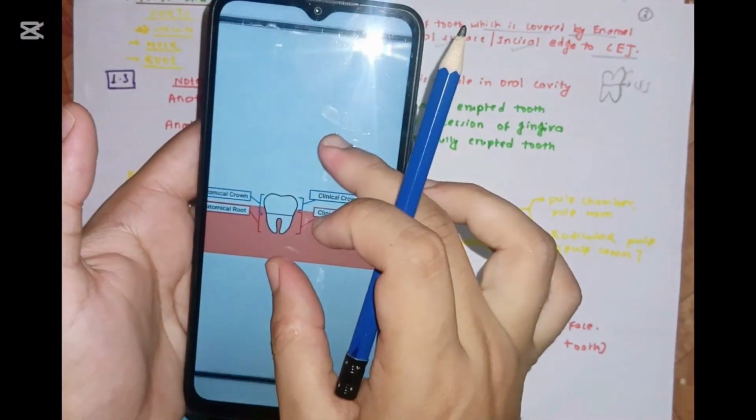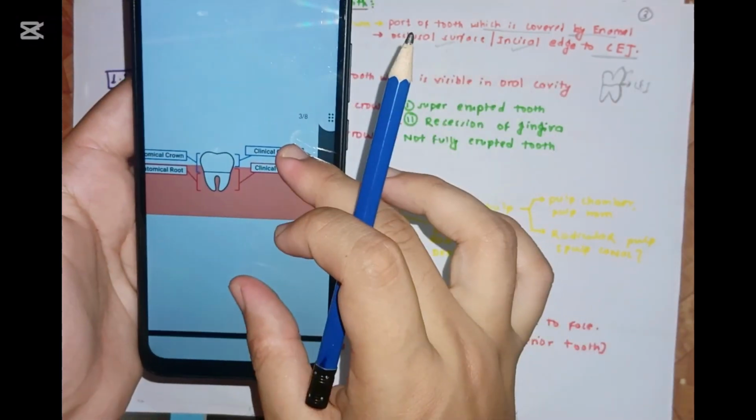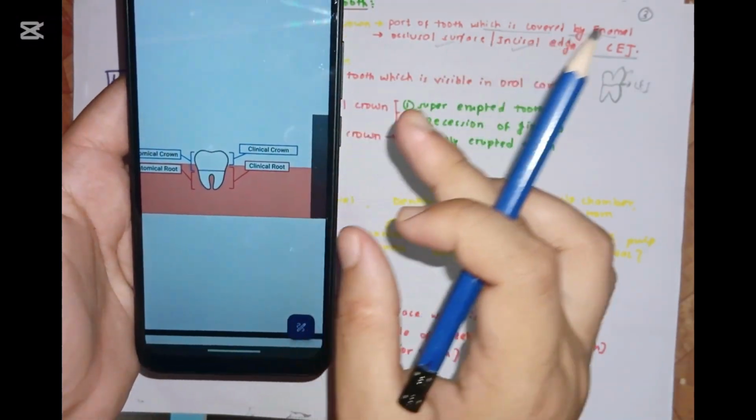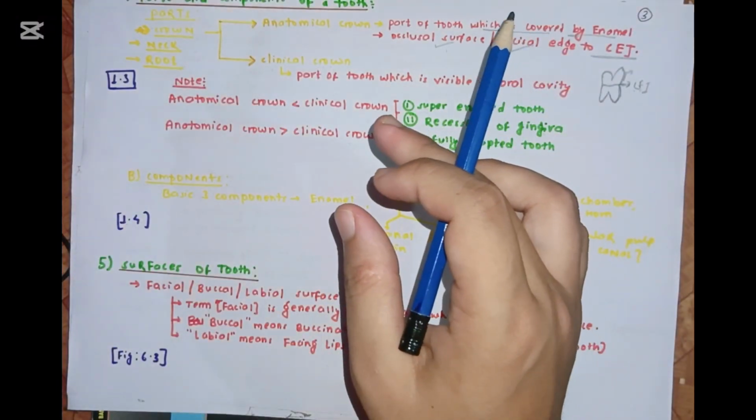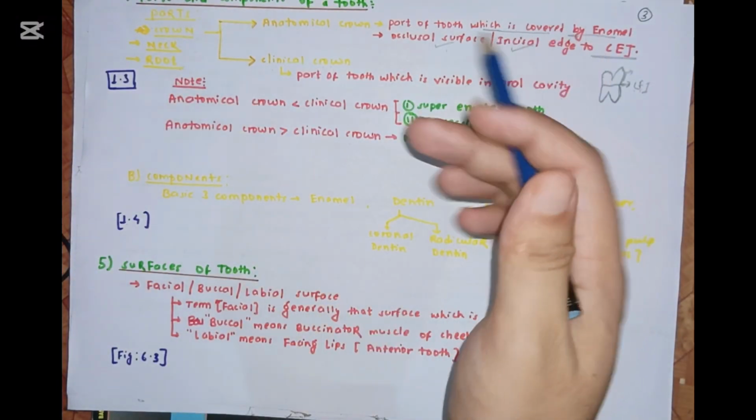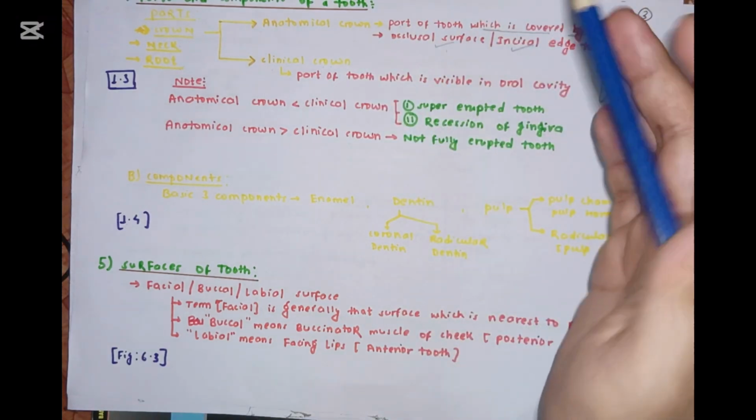Okay, so simply after showing these two pictures, I wanted you guys to know that anatomical crown and anatomical root, they both are constant.